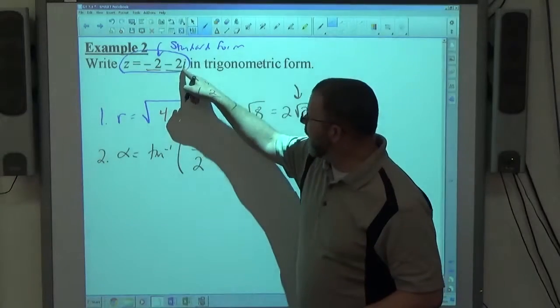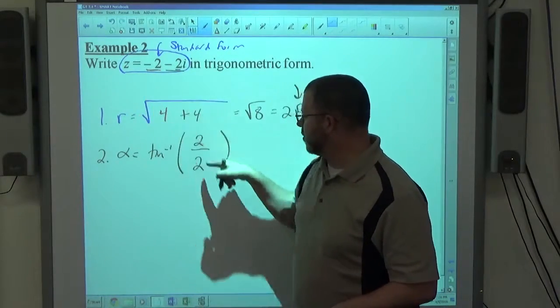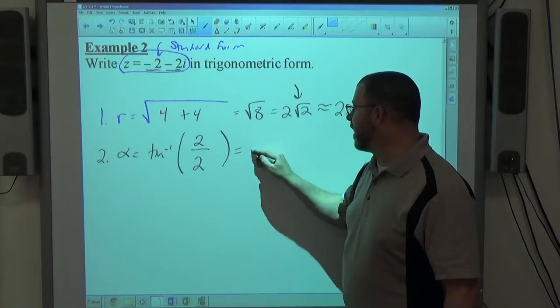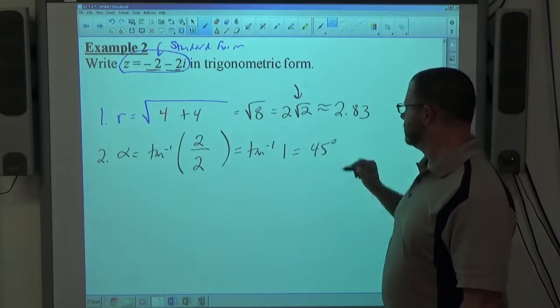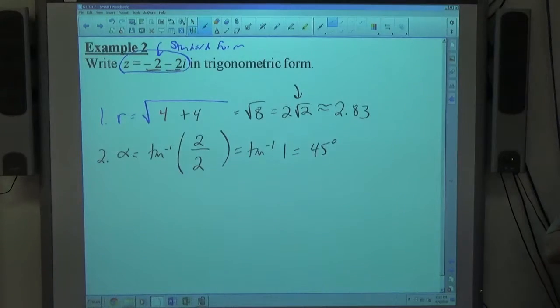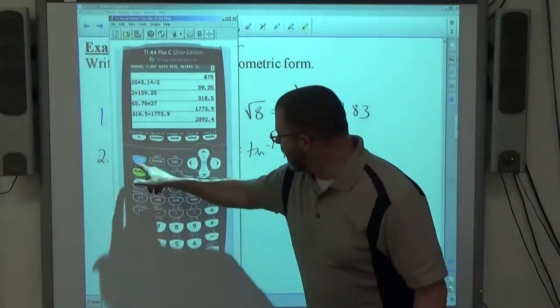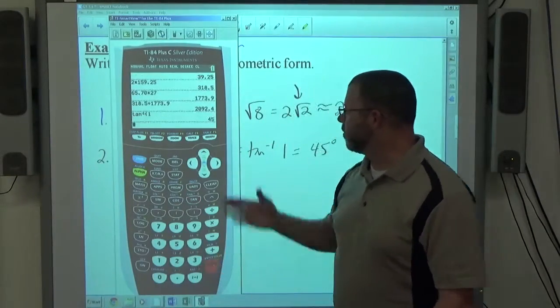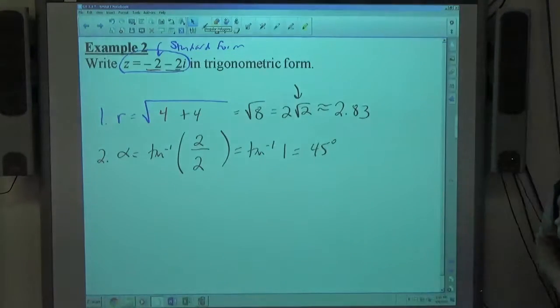So that's inverse tangent of 1, which equals 45 degrees. If you didn't know that inverse tangent of 1 was 45 degrees, your calculator can evaluate this stuff for you. It's up to you to know what to type into your calculator.